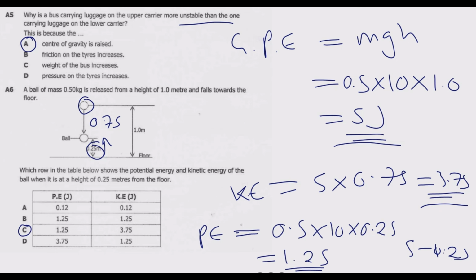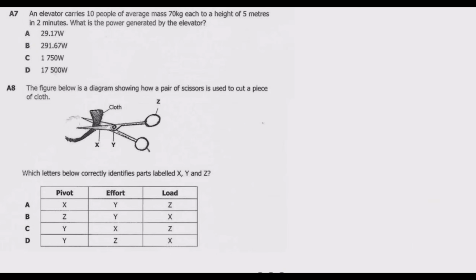We move to question 7. Question 7 reads: an elevator carries 10 people of average mass 70 kg each to a height of 5 meters in 2 minutes. What is the power generated by the elevator? So what is power?